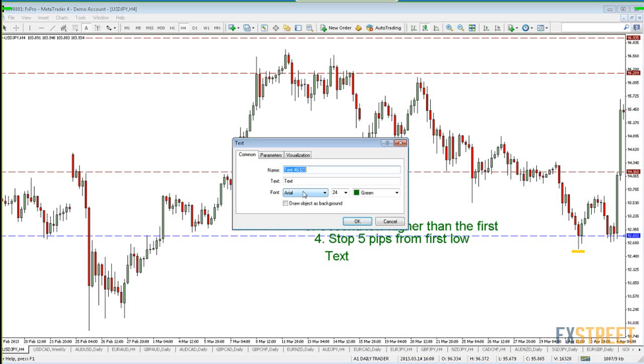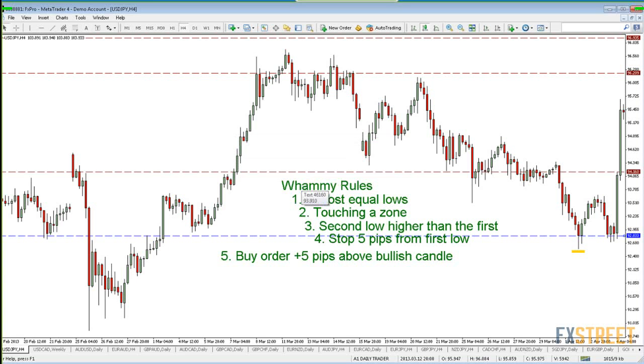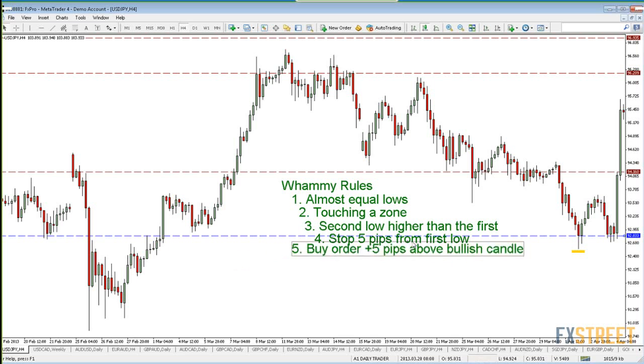Now, I'm sure you can pick it out. In this example, it's a little bit extreme, but buy order. So we have a bullish candle that triggers the trade, right? And that's it right there.